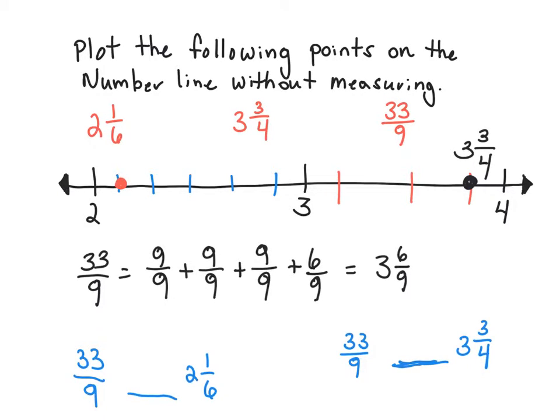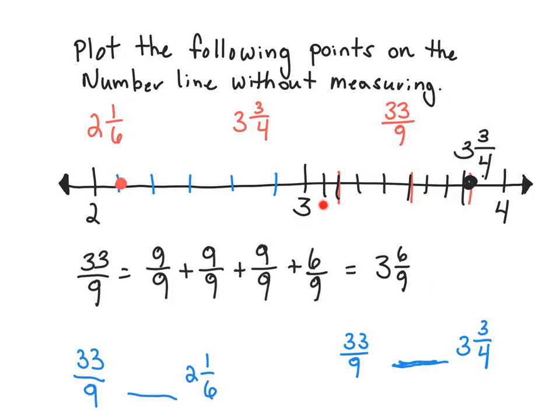All right, so where would 3 and 6/9 be? Well, that gets a little confusing because it's going to be between 3 and 4, just like 3 and 3/4 were. So now we actually have to cut this up into 9ths. So I just cut up this section into 9ths. Okay, so now where would 3 and 6/9 be placed?